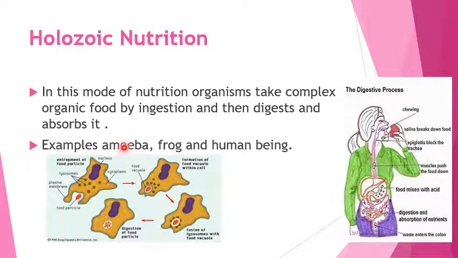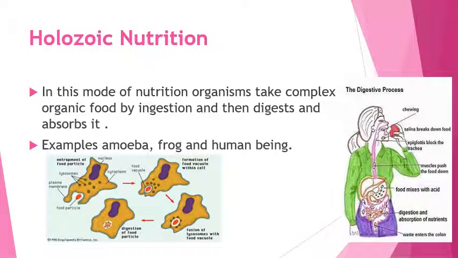Example is amoeba, which takes in the food particle and digests it, frog and human being. So from unicellular to multicellular organisms, when they take food through an opening, that is intake of food, and then digestion, the mode of nutrition is known as holozoic nutrition.